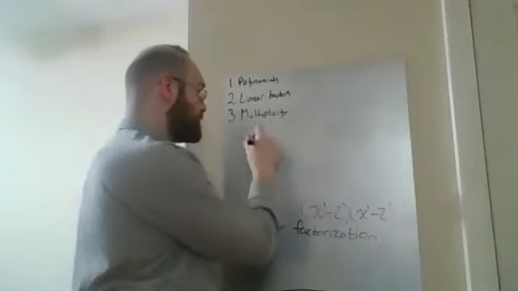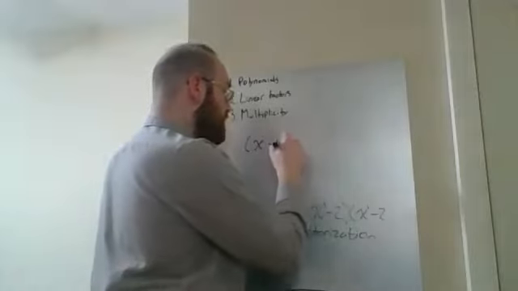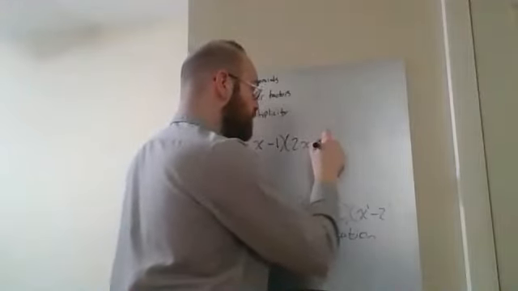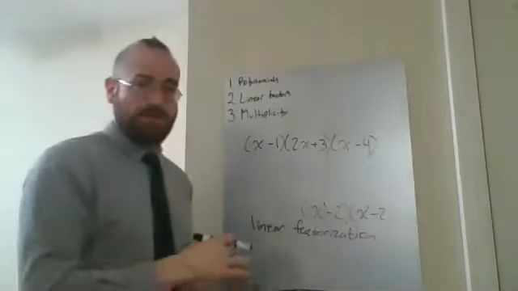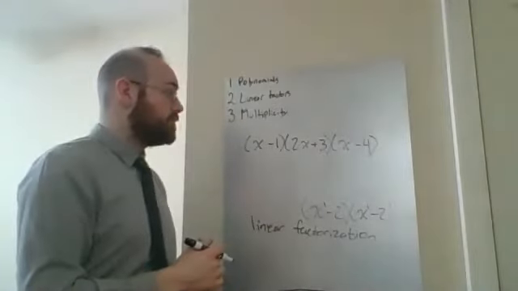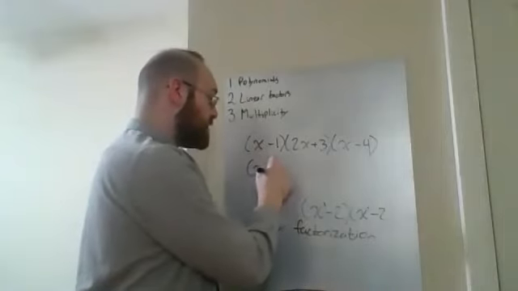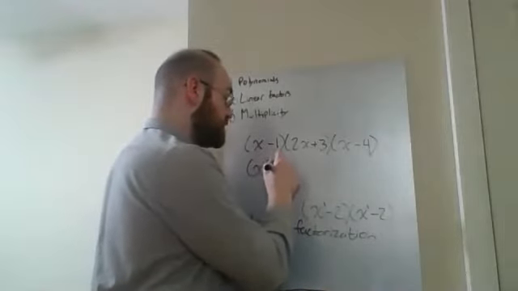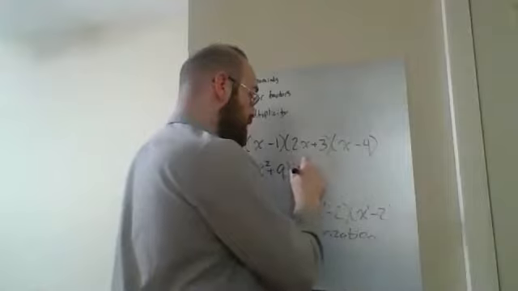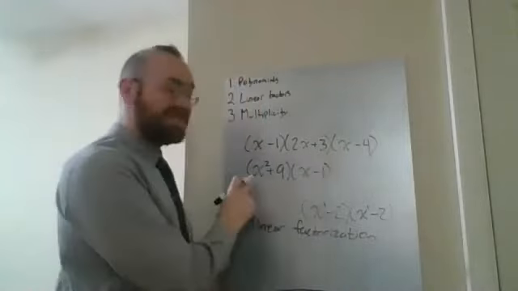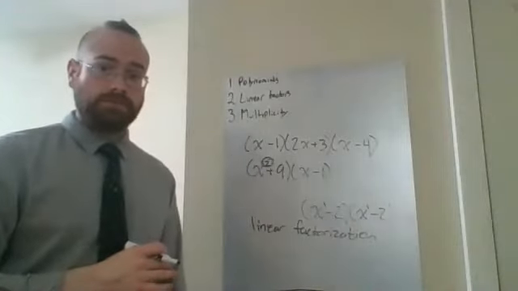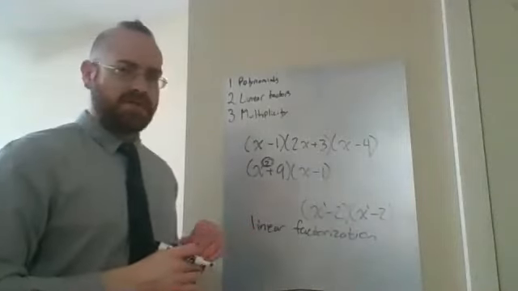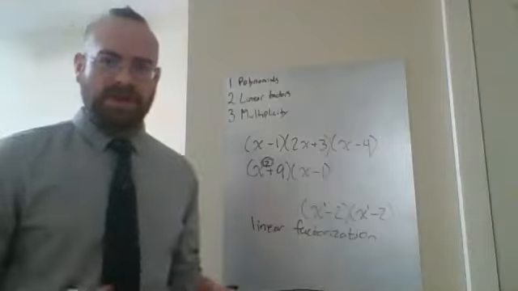We could have something like x minus 1 times 2x plus 3, x minus 4, product of linear factors. If I instead had x squared plus 9 times x minus 1, this is not linear because I have that exponent of 2 right there. But we could actually factor that further. That'll be the topic of our next video.